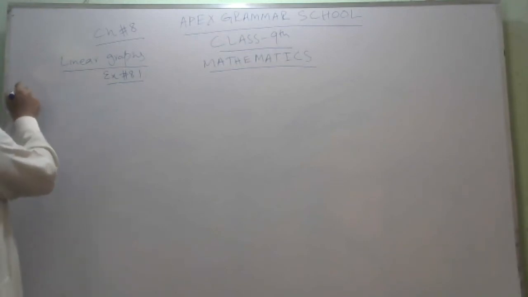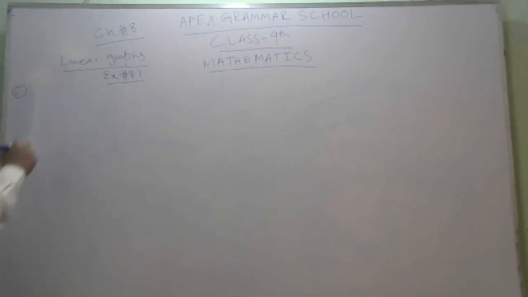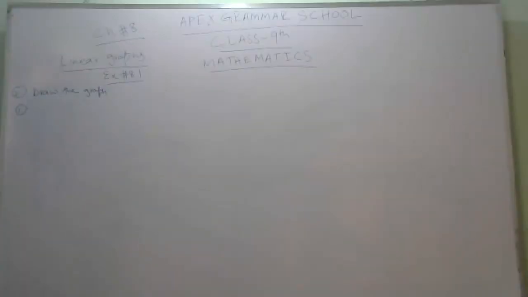Question number 2 is: draw the graph. First is if x is equal to 2. You need to draw the graph for which x is equal to 2. What does it mean?